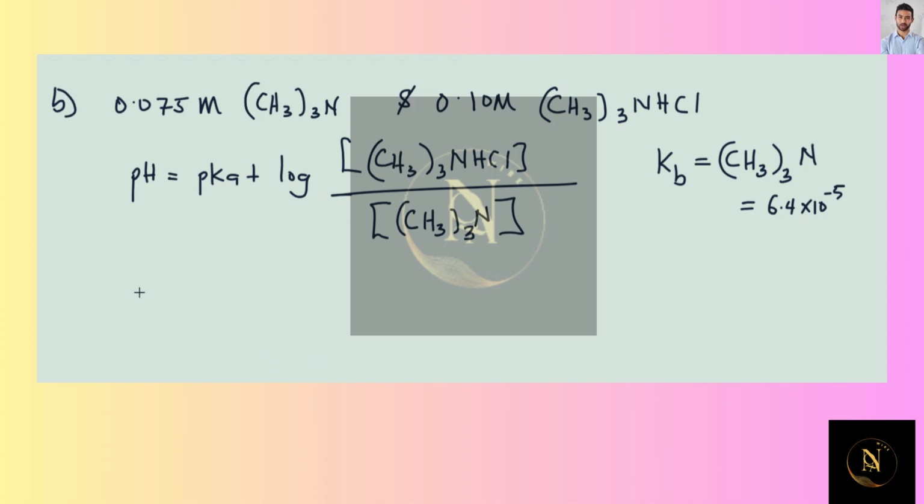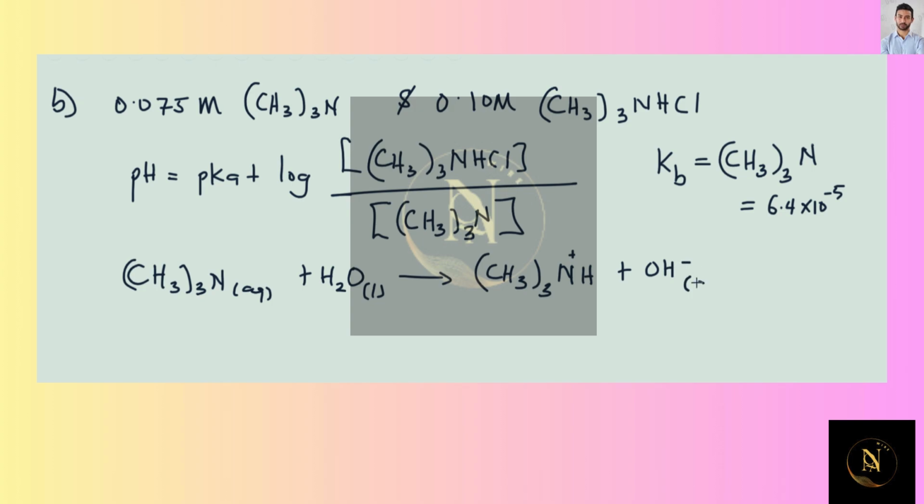What is happening is that we have (CH3)3N aqueous plus H2O liquid, which gives us (CH3)3NH+ and OH minus, also aqueous.